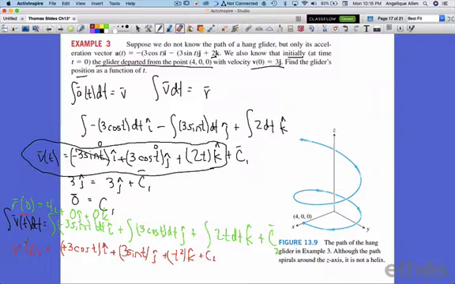Okay, r of 0, which equals 4i, and then we substitute in 0 up here. So 0 in for cosine of t is cosine of 0 is 1 times 3 is 3i. The i components don't match.